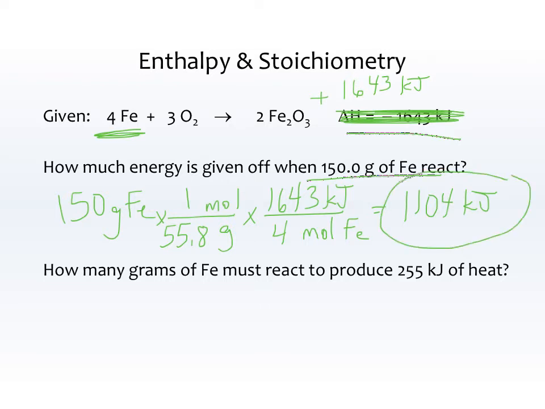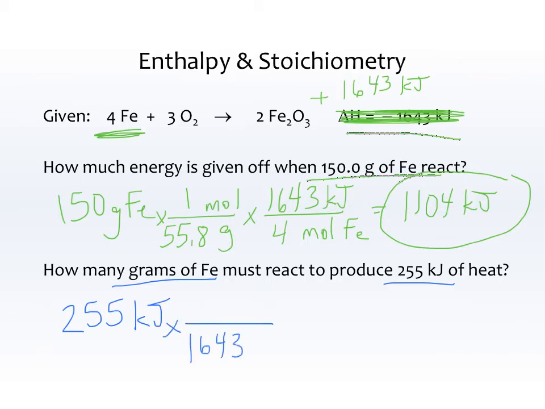How much energy is given off will always be a positive answer. But if you were to look at delta H here, that would be a negative. Let's do another one. Say you had 255 kilojoules of heat. How many grams of iron would that be? Well, 255 kilojoules of heat is what we're looking at. But we know from the balanced equation that 1643 kilojoules is produced by 4 moles of iron.